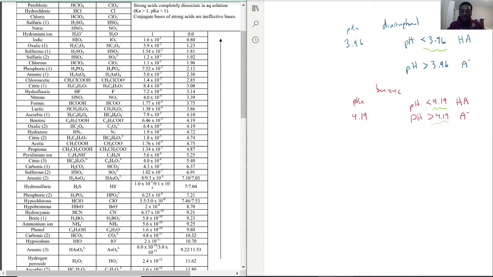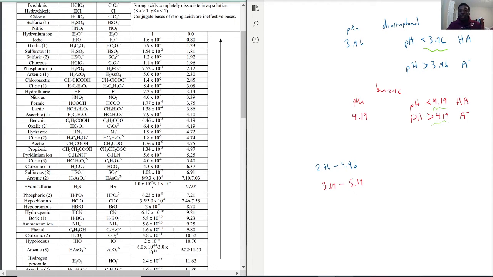So for dinitrophenol, it'll be around 2.96 to 4.96, around there, where it would serve as a buffer, where some start to get deprotonated and others still remain in their conjugate acid form. And the same thing for benzoic acid. We have a range of 3.19 to 5.19, around there.